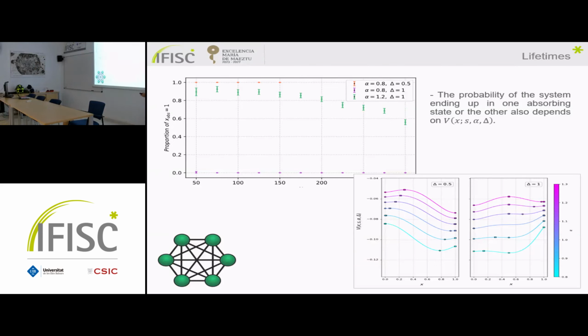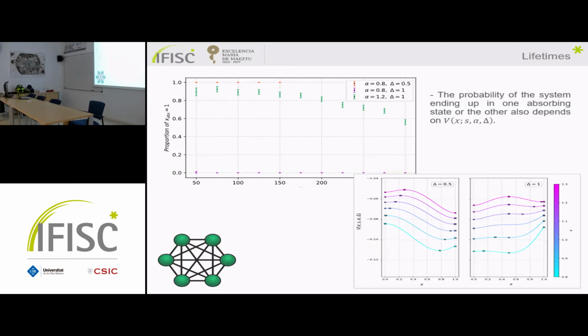And if delta equals 1, we see this change: in order to reach x equals 1, we have a much larger potential barrier, but the potential barrier to get to x equals 0 is much smaller. So in this case, we see that the system always ends up at x equals 1 statistically. And in this case, it almost always ends up at x equals 0.